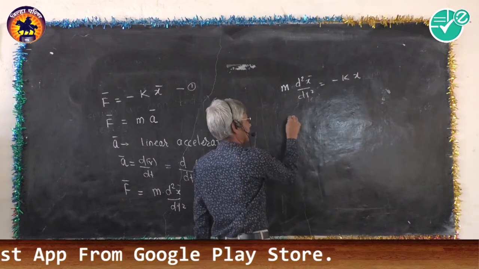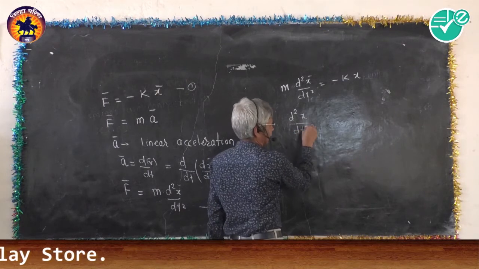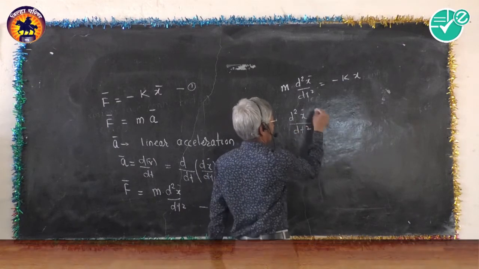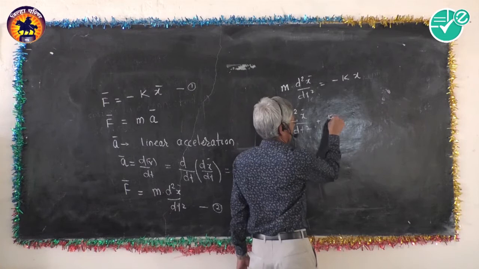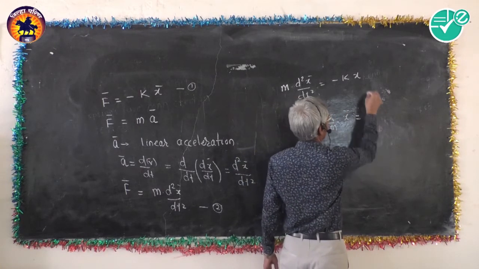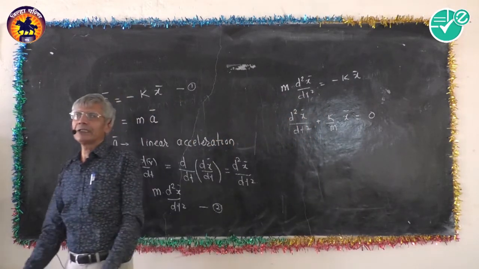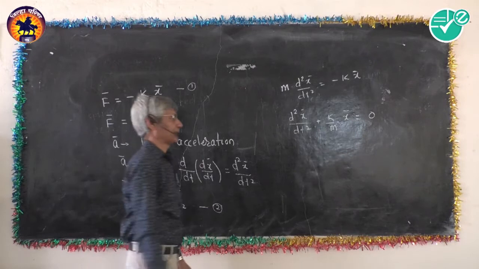Rearranging this equation, we have d2x by dt2 plus k by m into x equal to 0. This is called the differential equation of linear SHM.